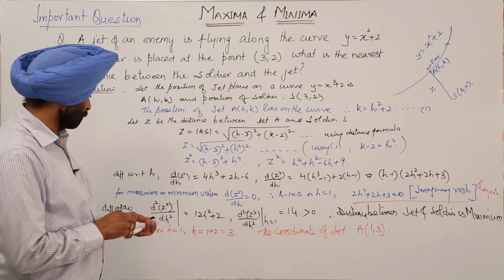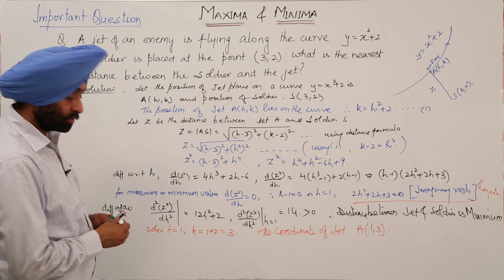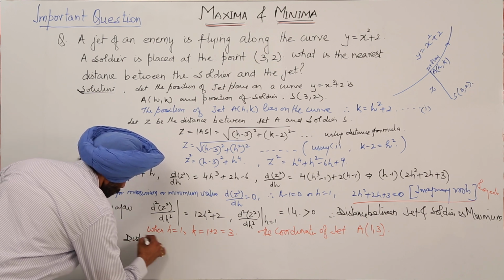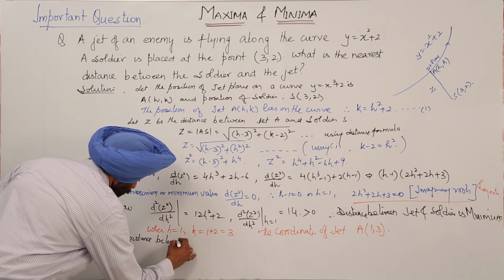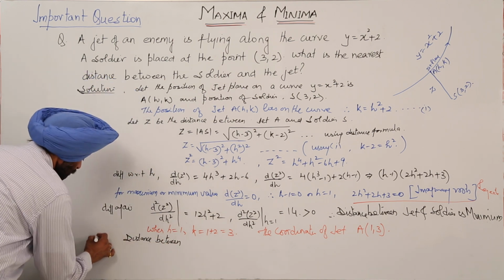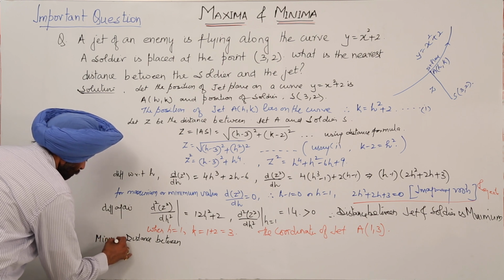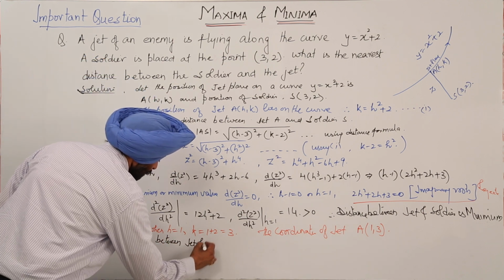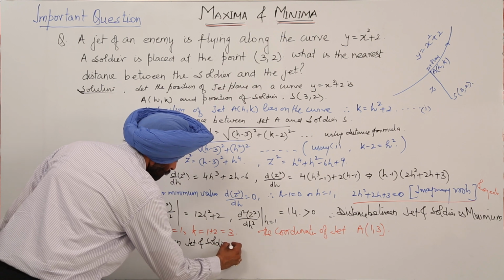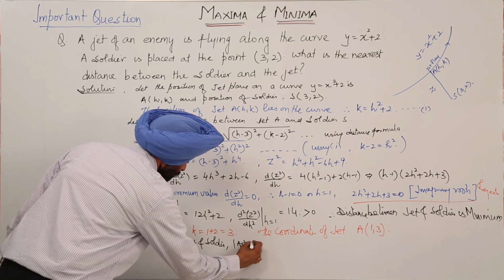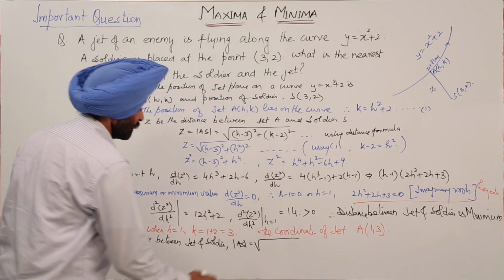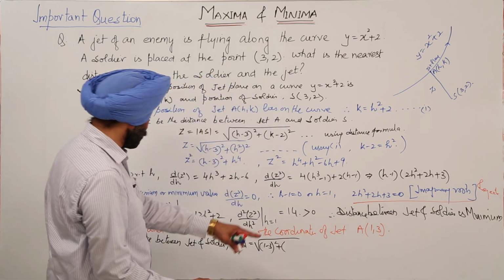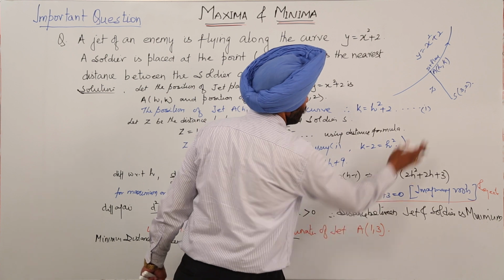Now the last thing is distance. So the minimum distance between the jet and the soldier is, now it is what? (1 minus 3) whole square plus (3 minus 2) whole square, because we have points (1, 3) and (3, 2).